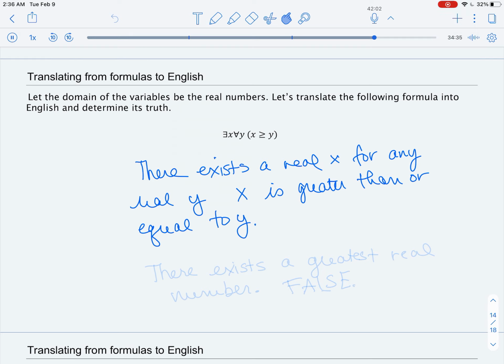And a more natural translation of this may be there exists a greatest real number. And this is false. And the negation is true.